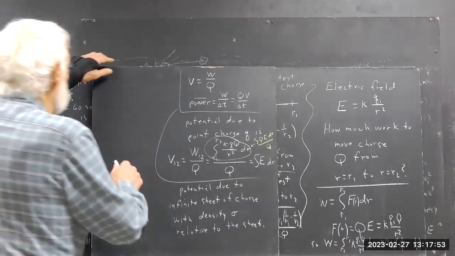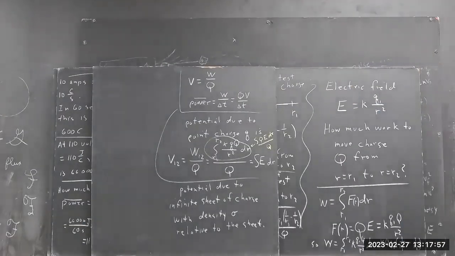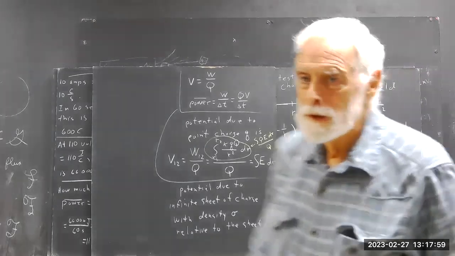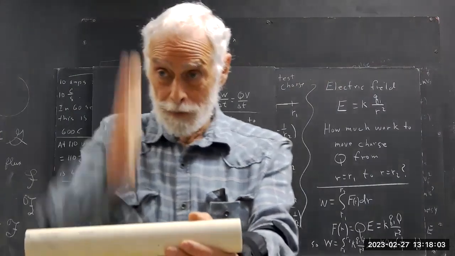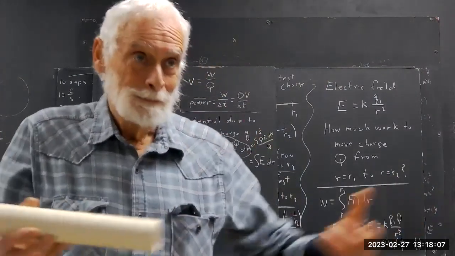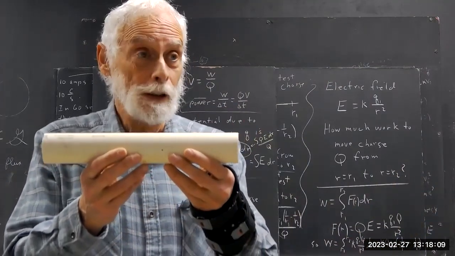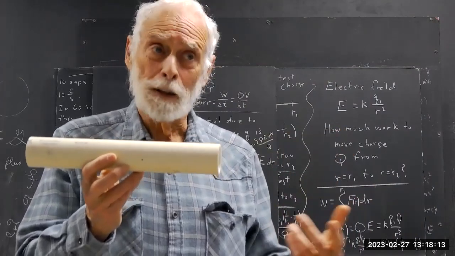Let me just demonstrate. Imagine this is your Gaussian surface, and your sheet is your infinite sheet of charge.